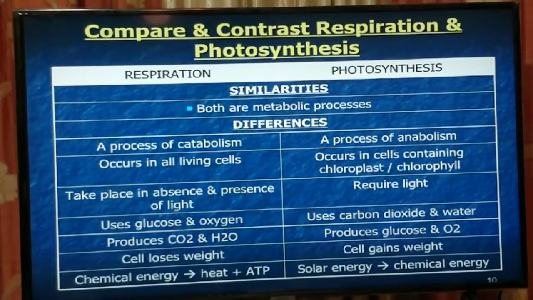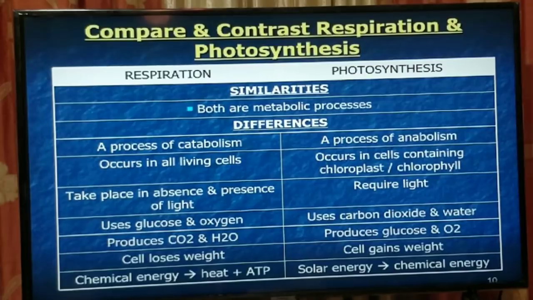Respiration takes place in absence and presence of light, whereas photosynthesis requires light. It occurs in the presence of light. Respiration uses glucose and oxygen, but photosynthesis uses carbon dioxide and water.